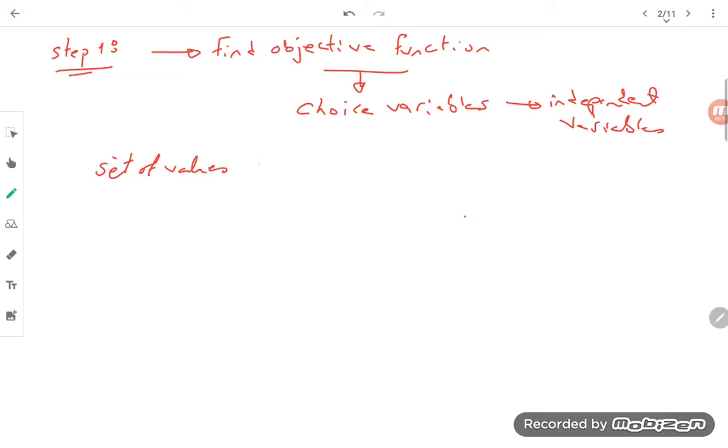Set of values of what? Of the choice variables that lead to the desired extreme of the objective function.